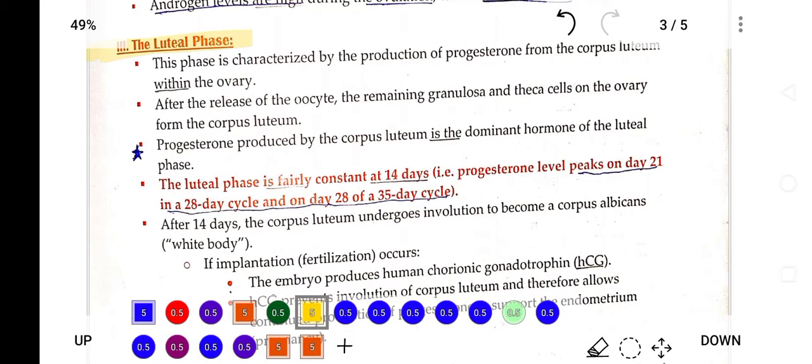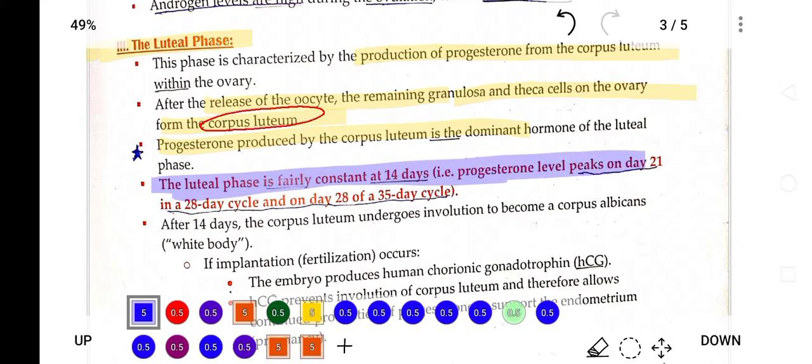After ovulation, the luteal phase comes in. What happens? Progesterone is produced by the corpus luteum. After release of the oocyte, the remaining granulosa and theca cells of the ovary form the corpus luteum, and progesterone is produced by the corpus luteum. The corpus luteum provides progesterone, and the luteal phase is fairly constant at 14 days.